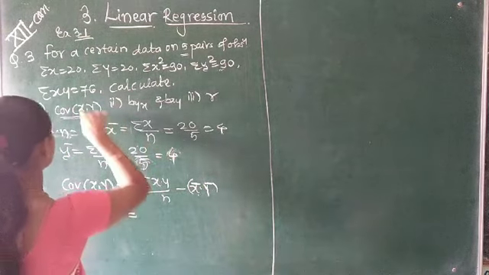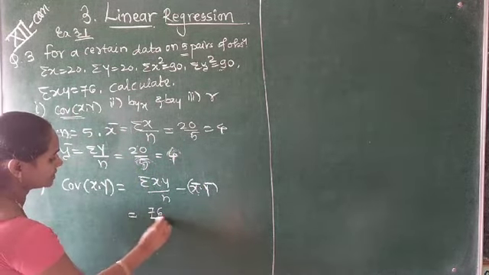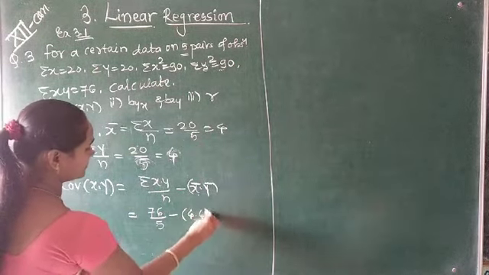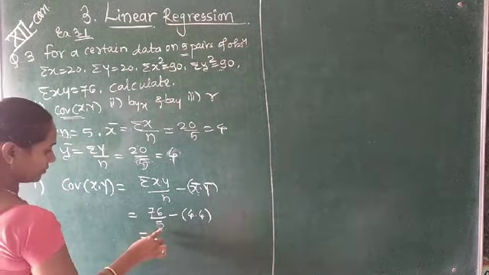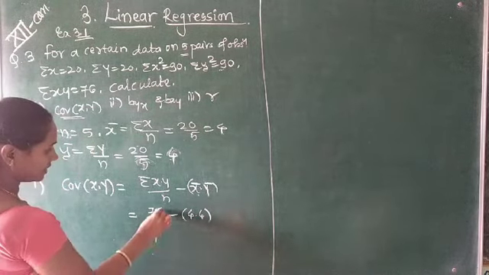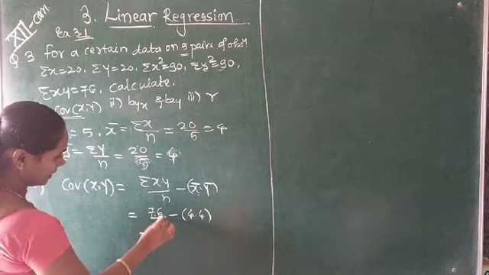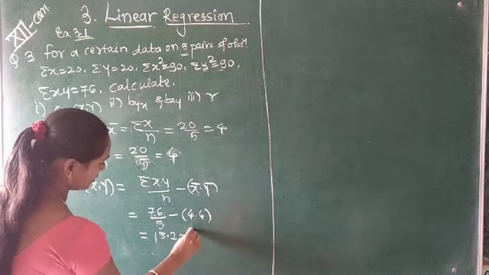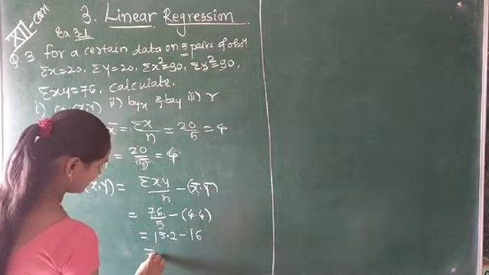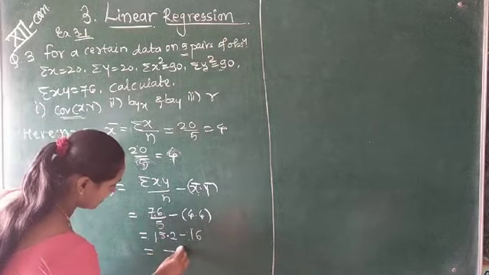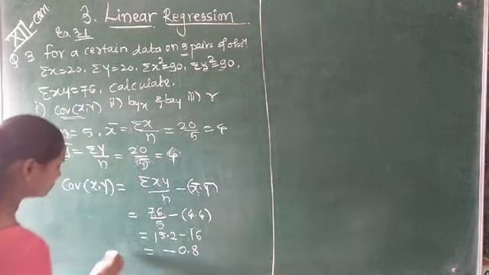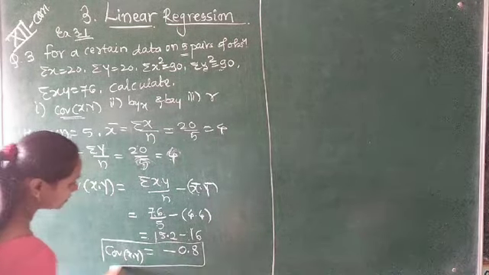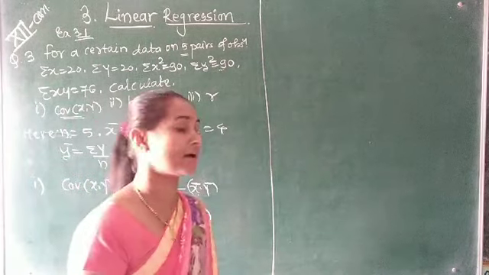Summation xy is given as 76, so 76 upon 5 minus 4 into 4. 76 upon 5 is 15.2, and 4 into 4 is 16. So 15.2 minus 16 is minus 0.8. So the first value we find, the covariance of xy, is minus 0.8.